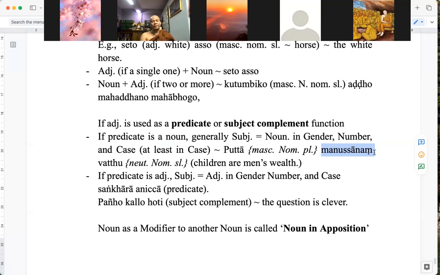And we also learned that the verb to be can be used with bhava when we use it in future tense. And right now, we also learn one more, hoti, to be as well. So I am not yet clear in which situation the verb to be is the suitable one.